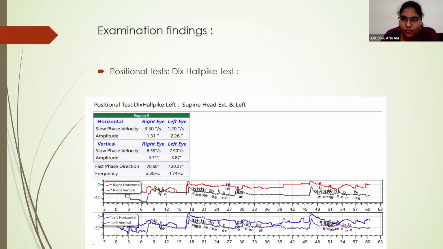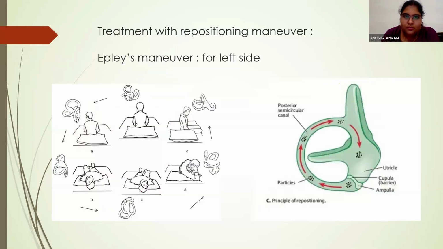So we tried to reposition. The repositioning maneuver we generally do with Epley's maneuver, or sometimes Semont's can also be used. In Epley's maneuver, these are the steps from A back to the sitting position.